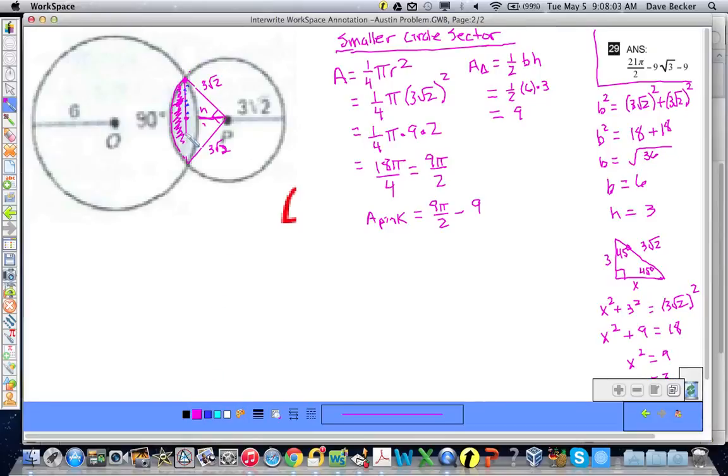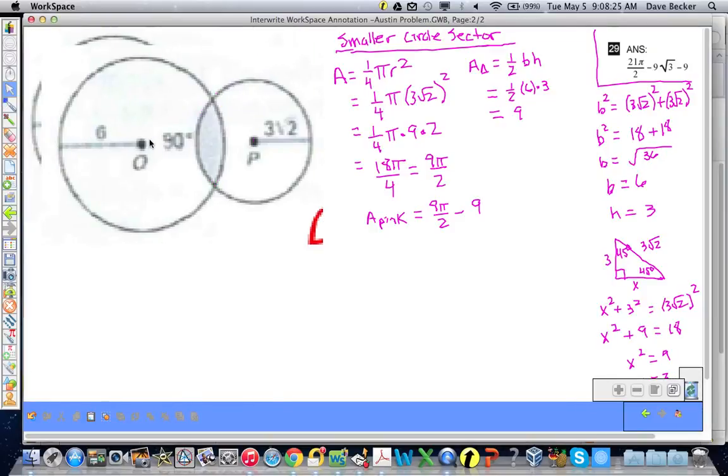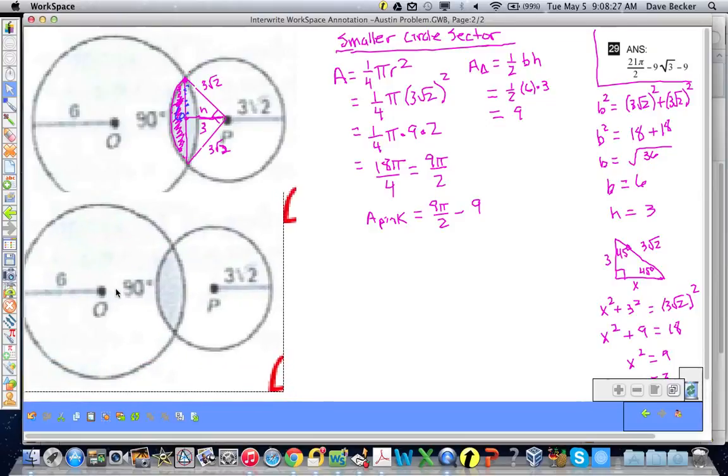Okay, so this went down to here, and so I have area of pink, and I knew this was 3, and I knew that this whole length, I'll put that in blue so we can see it, was 6. Okay, so now I am going to just copy this, and so we can work with it again and move it down here.